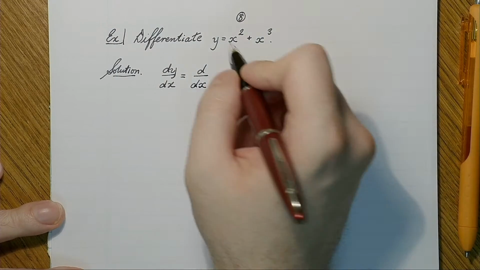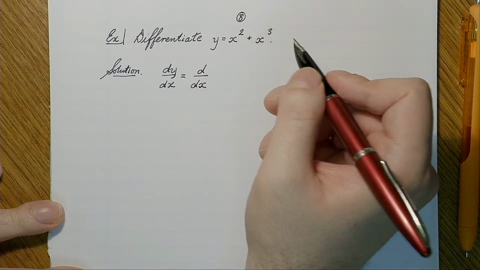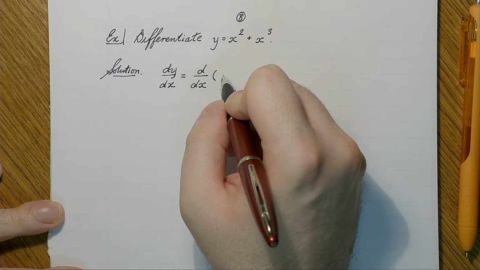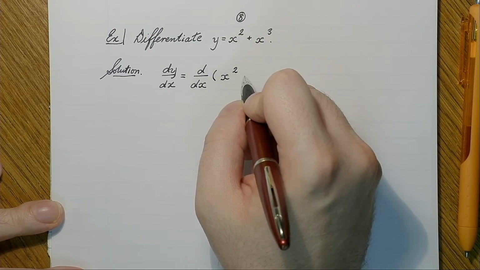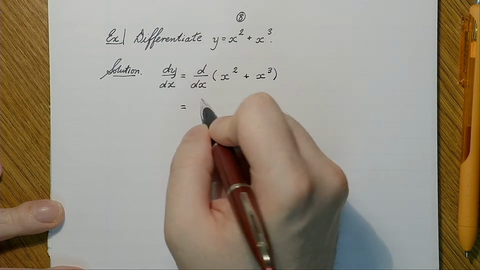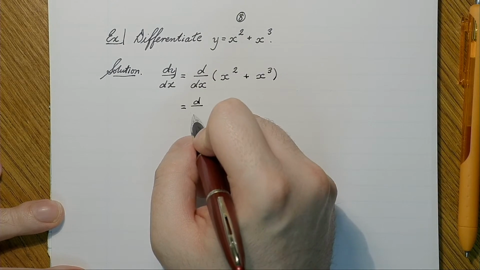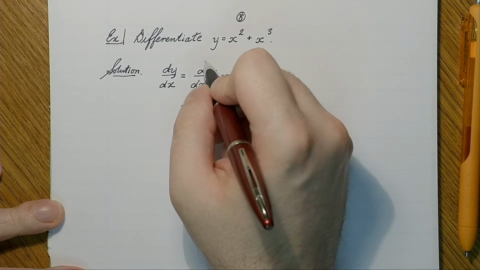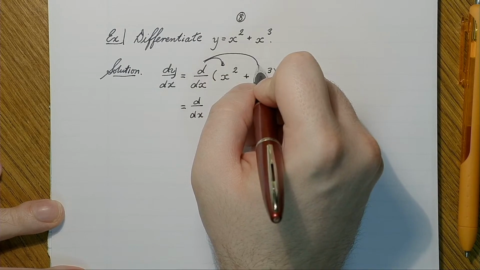Okay, so we can differentiate something like x squared plus x cubed, which is kind of banal, but just to show this off, again, this is applied to each of the individual terms.